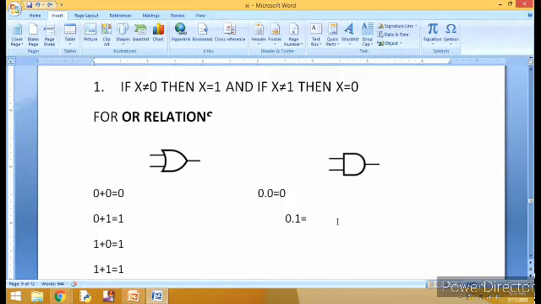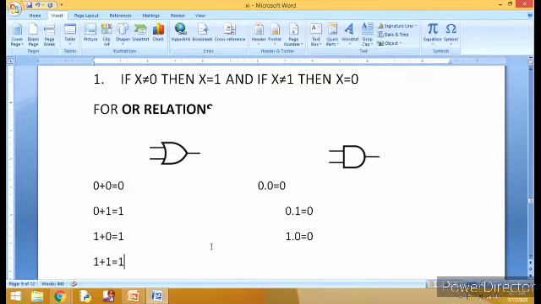That means if we have one false and one true, you will get false, that is 0. Similarly, if the input is 1 and 0, what will be the output? Again 0.